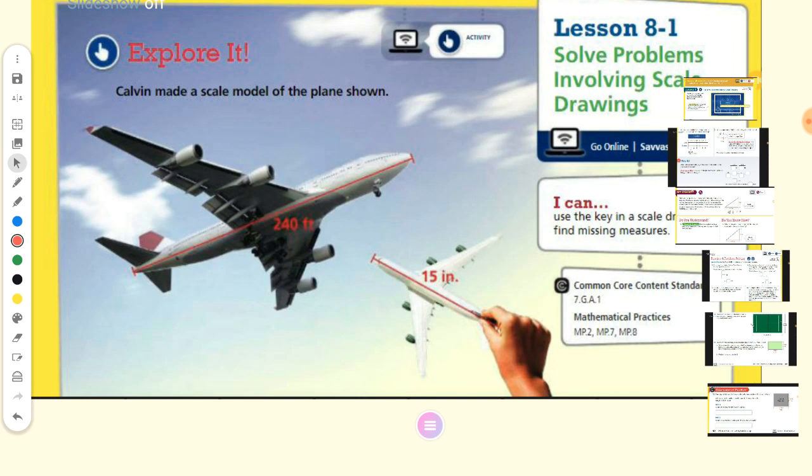inch to feet. So I have the actual one, we call the real one, which is the actual. And the other one is the drawing, we call the image. So actual and drawing.